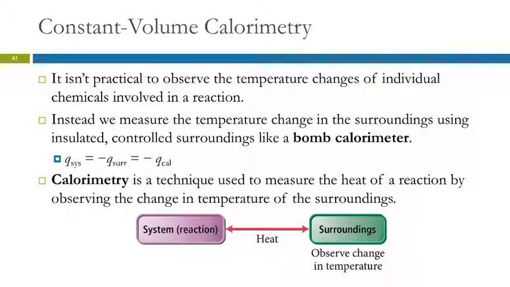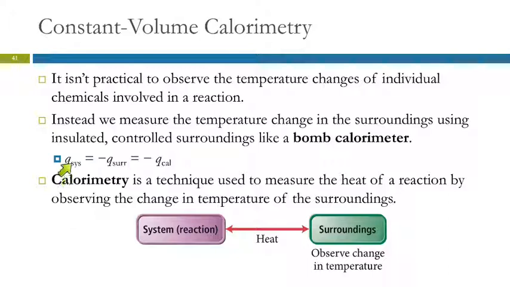One way to do this is using what's called a bomb calorimeter. The bomb calorimeter acts as the surroundings. It's very well insulated, and so we can be pretty sure that the calorimeter is not exchanging any heat with the outside.